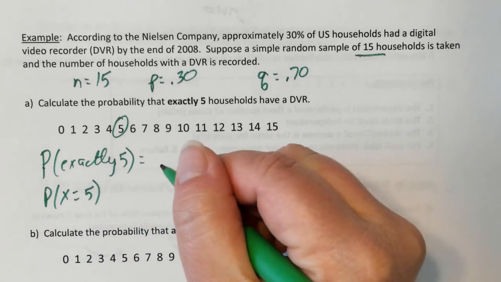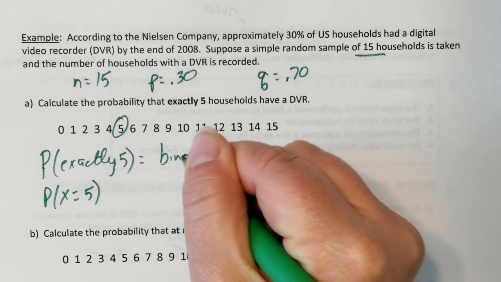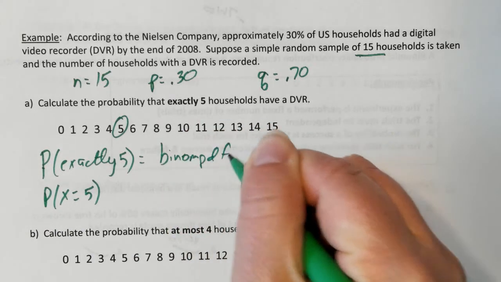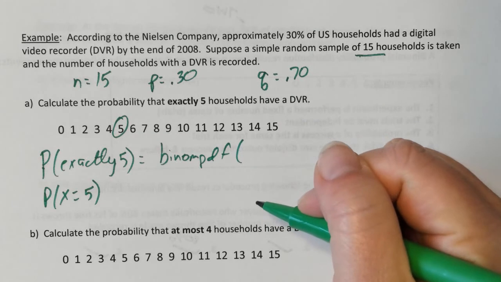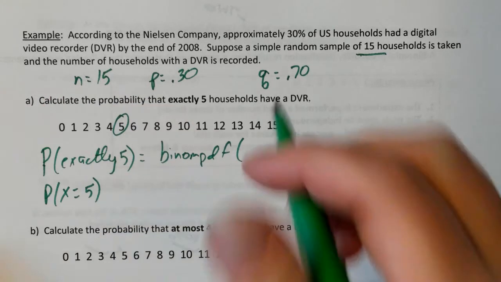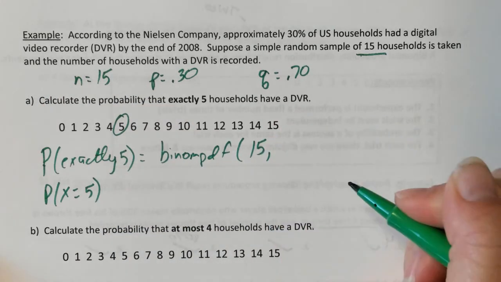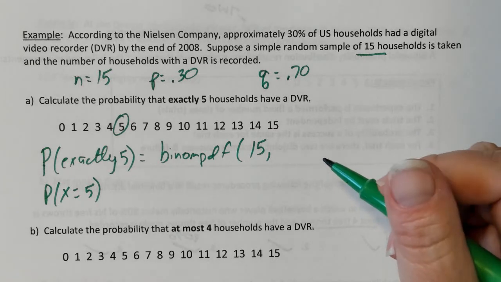On your paper, I want you to write down how you're going to work it. And you are going to do a binomial PDF. Why is it PDF? Because it's an exact number that we're interested in. Once we pick binomial PDF, it's going to ask us for 3 things. It's going to ask us for the number of trials, which in our case we had 15 trials. Then it's going to ask you, what's the probability of each one individually having a DVR?